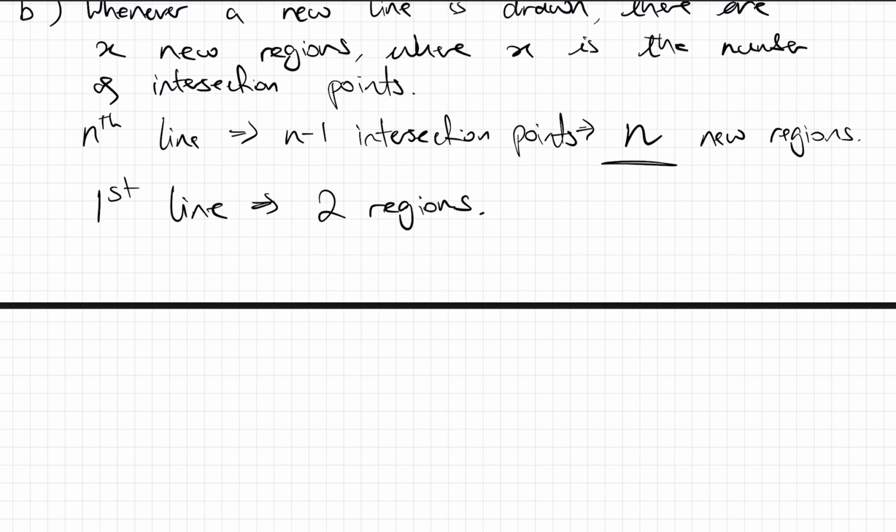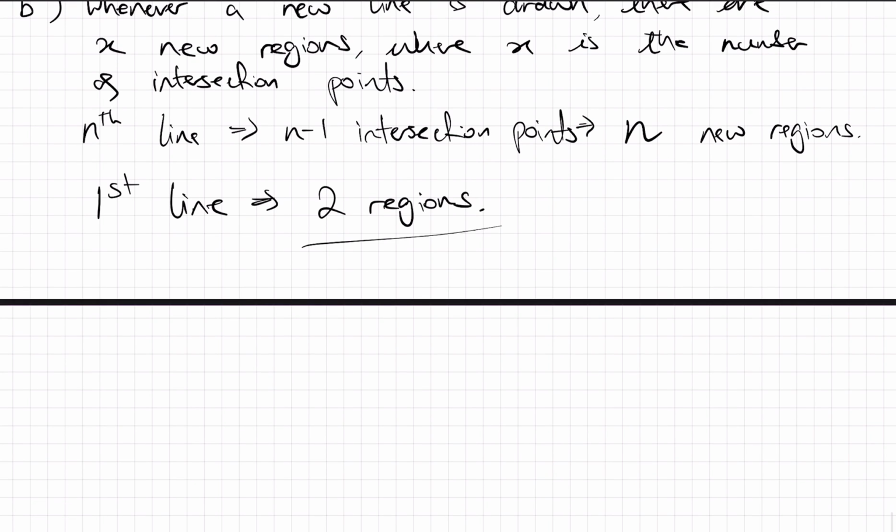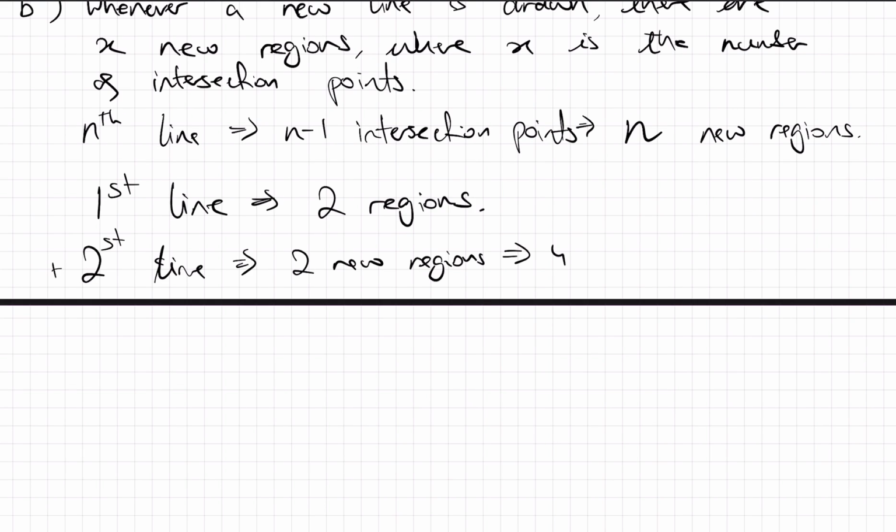So with the first line we'd have 1 new region, which is going to give us 2. Then with the second line, we have 2 new regions, giving us 4 in total. Third line, we have 3 new regions, giving us 7 in total.